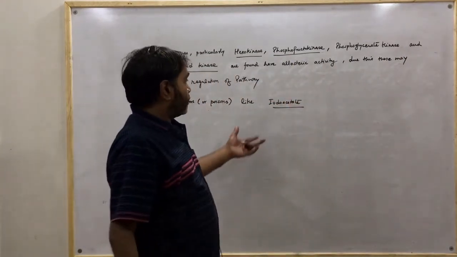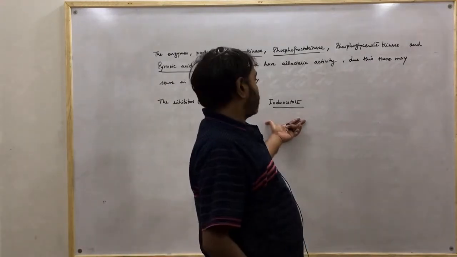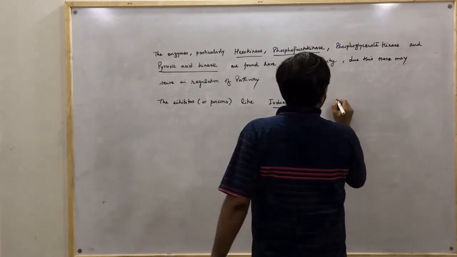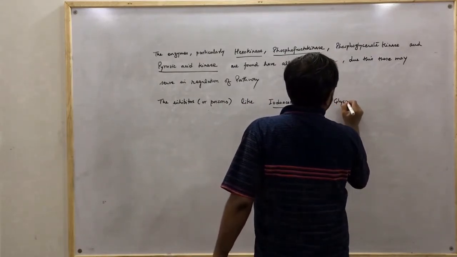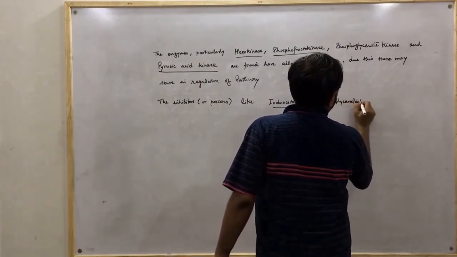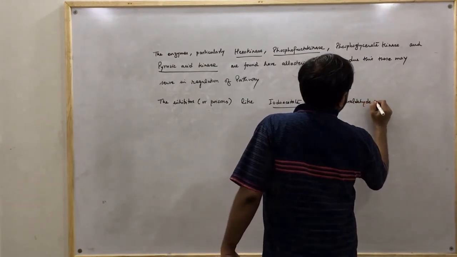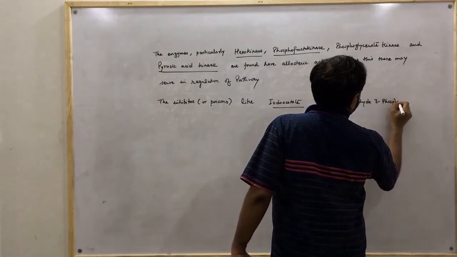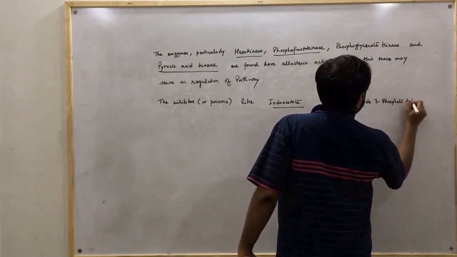Iodoacetate, we have seen, is involved in the step where the enzyme glyceraldehyde 3-phosphate dehydrogenase acts.